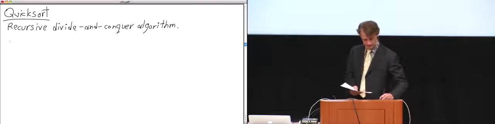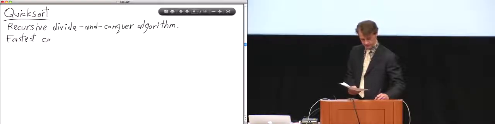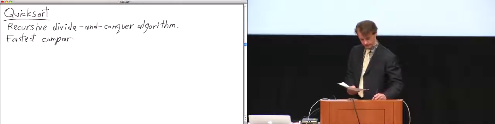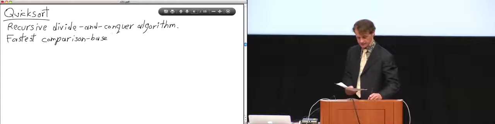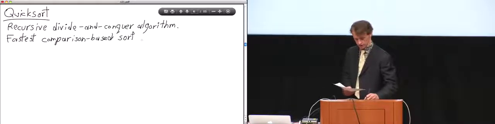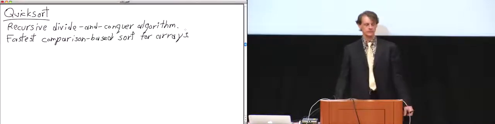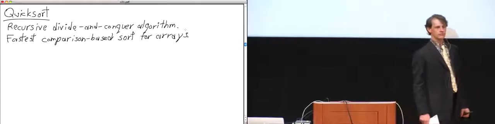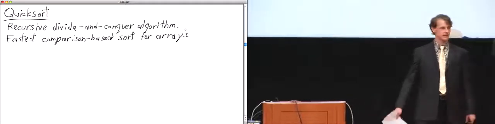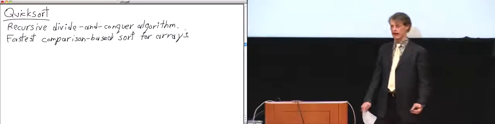Quicksort happens to be the fastest comparison-based sort for arrays. And I mean fastest in practice, and I am including the constants hidden in the big O notation. So this is just something that's been observed to run really, really fast in practice.